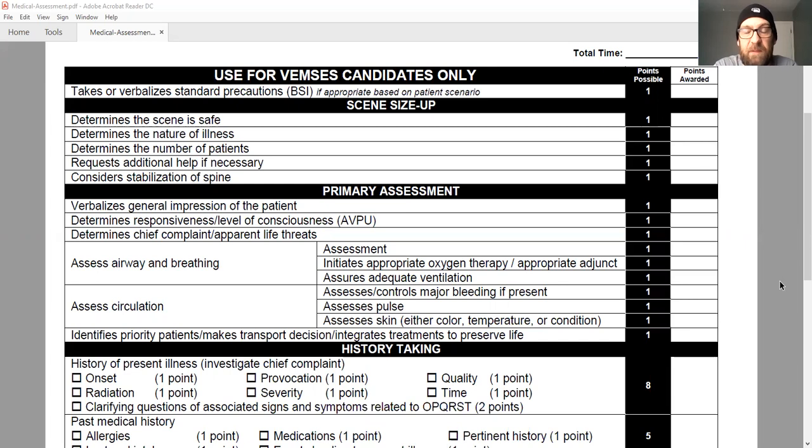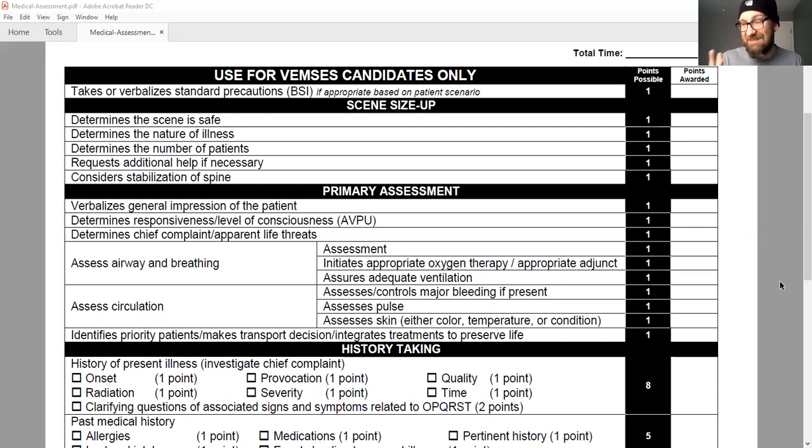We have to assess our patient's work of breathing. That's the first thing that we're going to look at, right? Is their work of breathing. Are they working hard to breathe? We've talked about it, that breathing normally, it looks easy and it's quiet.